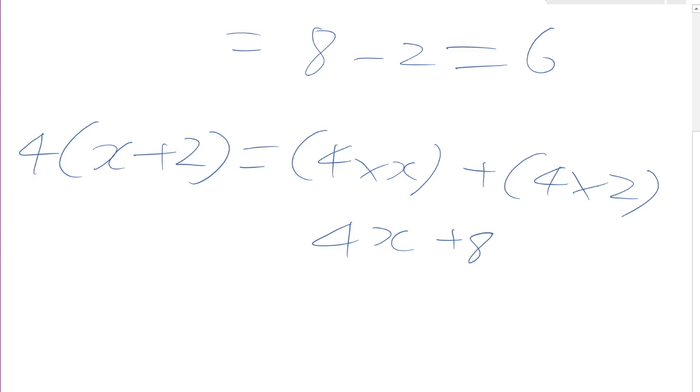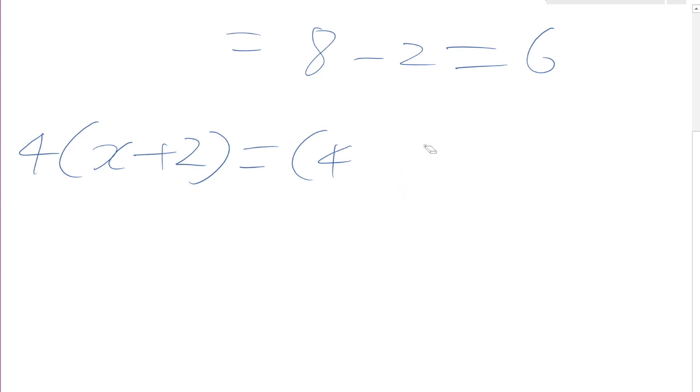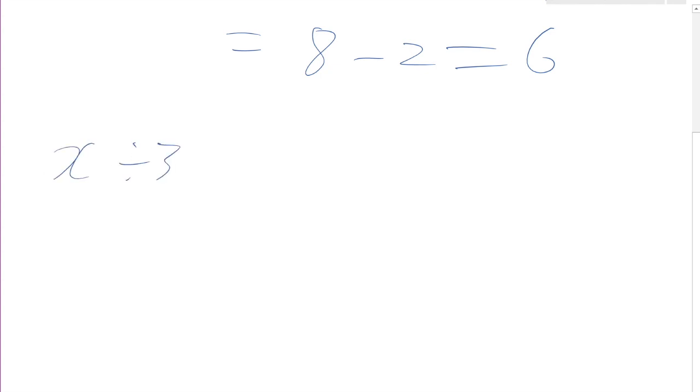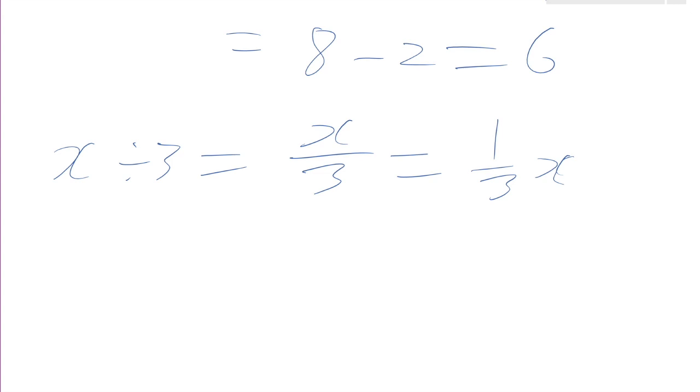Final point of this lesson is that coefficients for unknowns tend to be written as fractions rather than decimals. So I can have x divided by 3 is exactly the same as x over 3, which is exactly the same as 1/3 times x. You will normally see that as 1/3 times x, or possibly x over 3. Depends on what is trying to be conveyed.